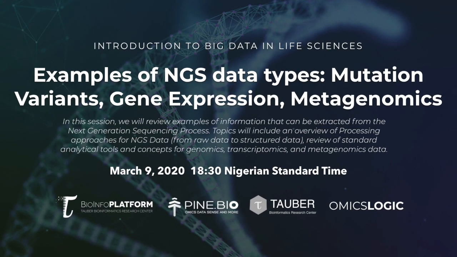In the next session, we will look at some of the information each one of these data types contains, such as single nucleotide variation, gene expression, and even the composition of microbial samples. To understand how these data types are processed, analyzed, as well as visualized, we review the major steps involved in the analysis of NGS data.